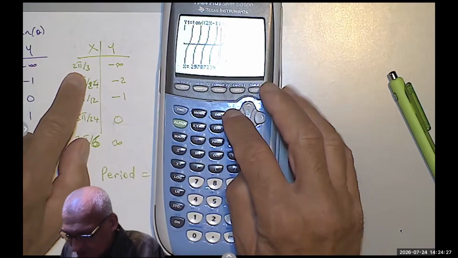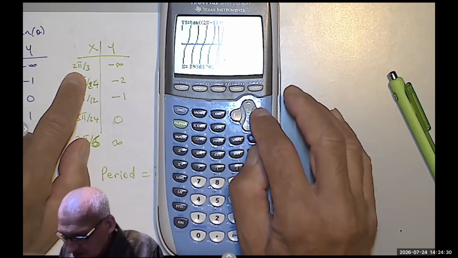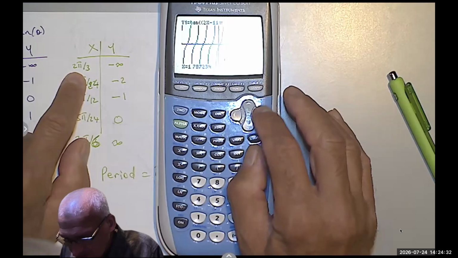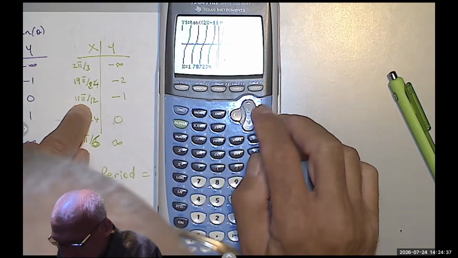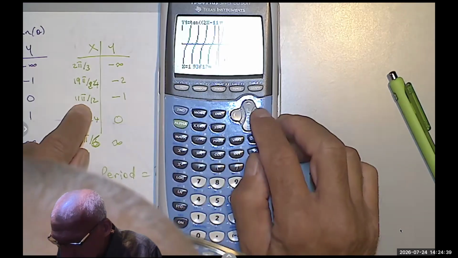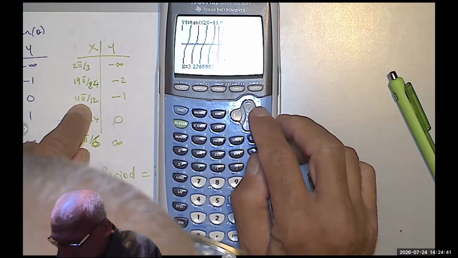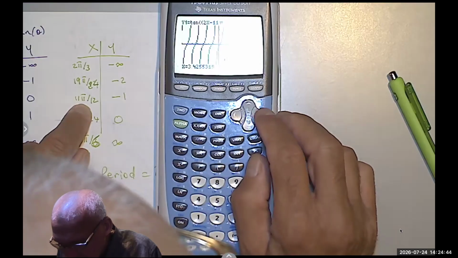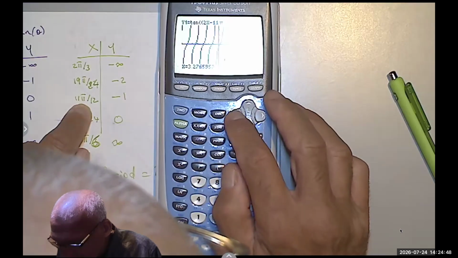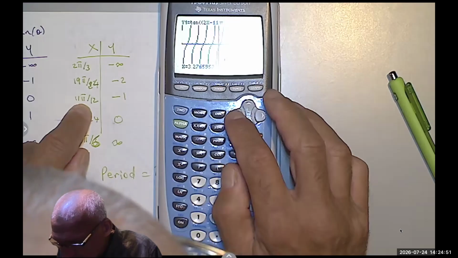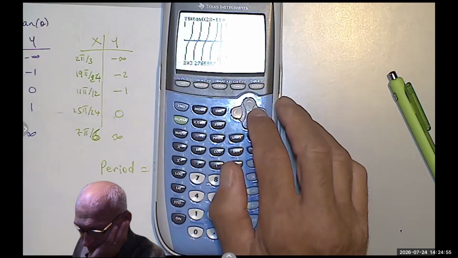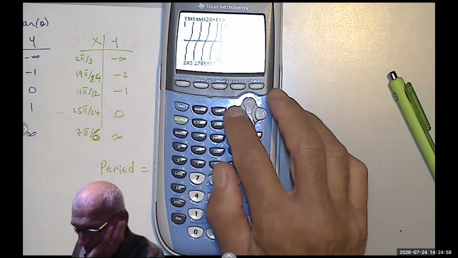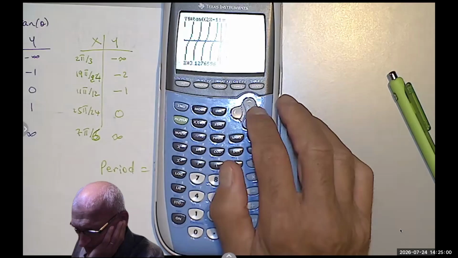We want 2 pi over 3, so what is that? This point, I think we need to go to the next one. No, this is more than a pi. What?